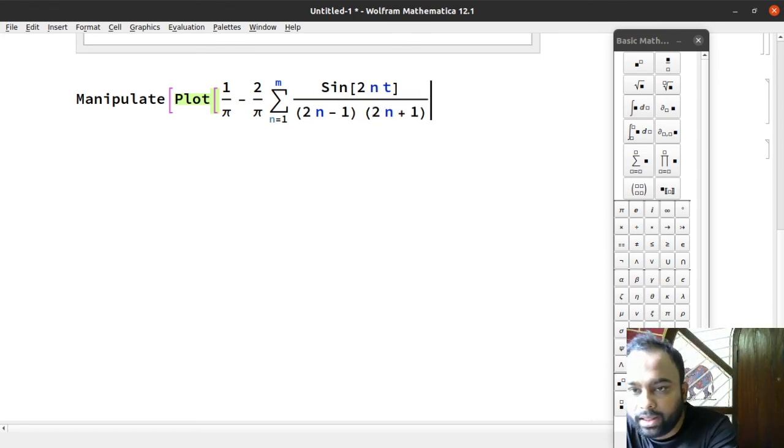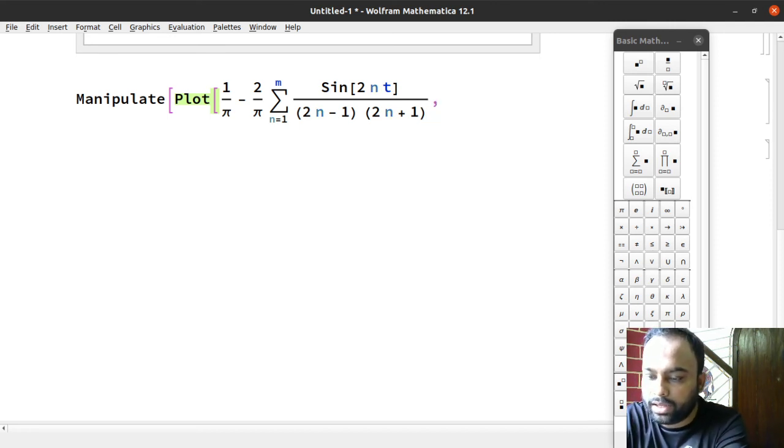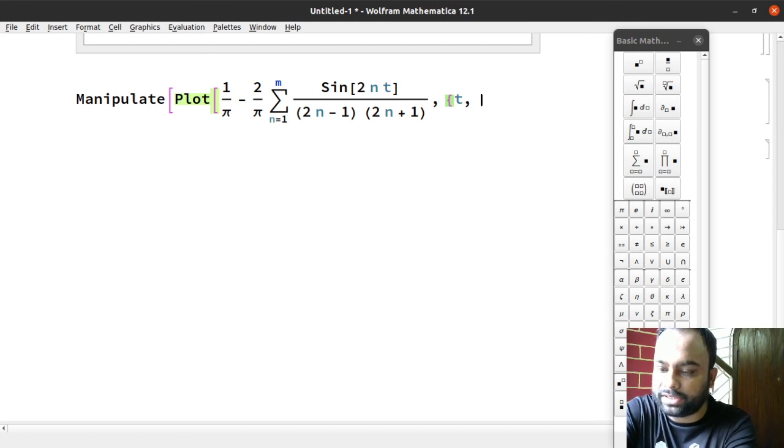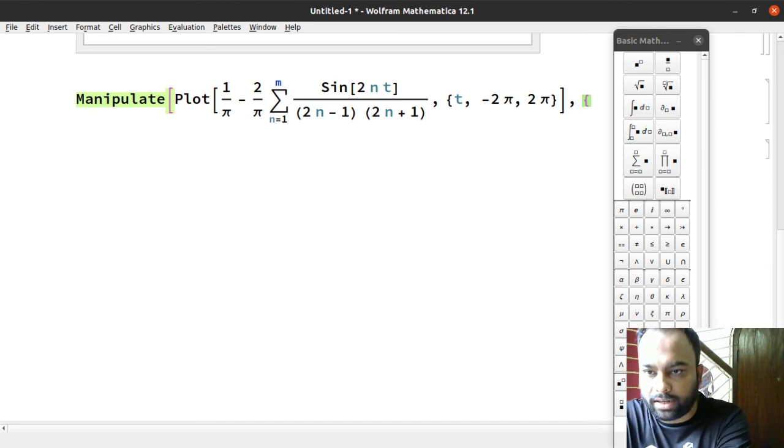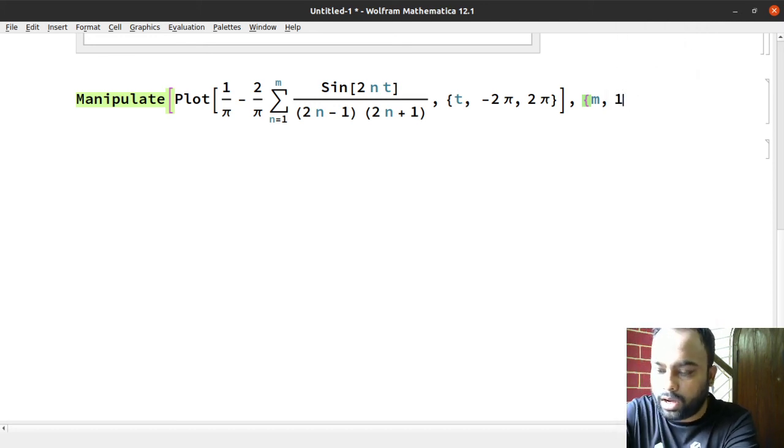Okay, and here afterwards I would say time is from, so for example, let's take a few cycles from minus pi to pi. So I'm plotting it from minus pi to pi, and let's consider, for example, n up to 50. So from 1 to 50, steps of 1.